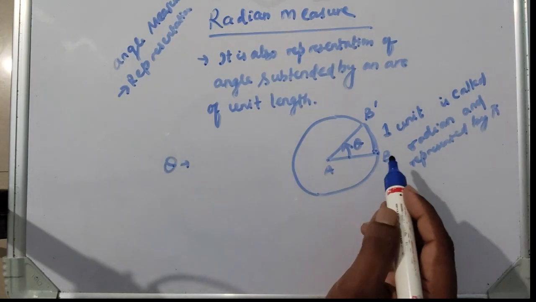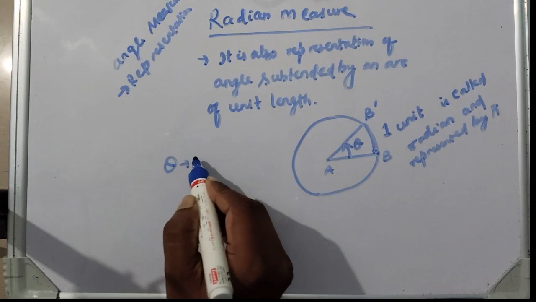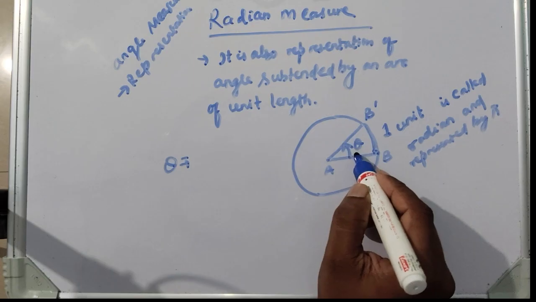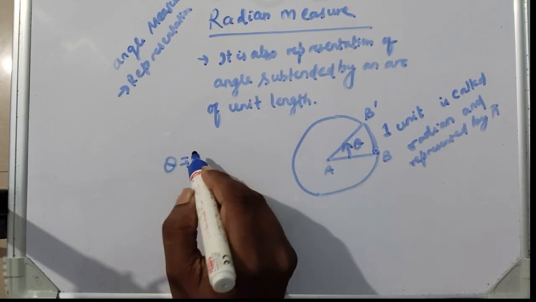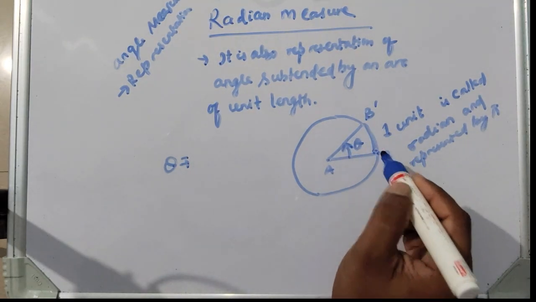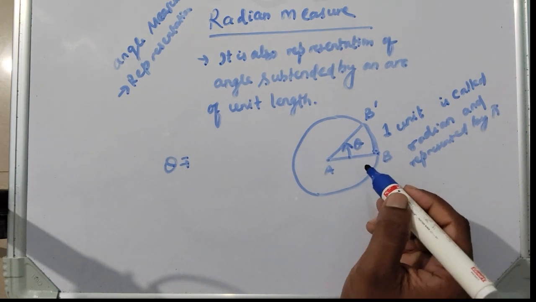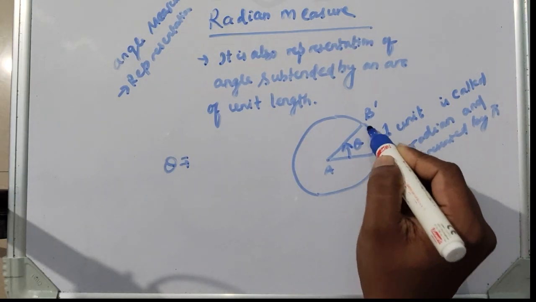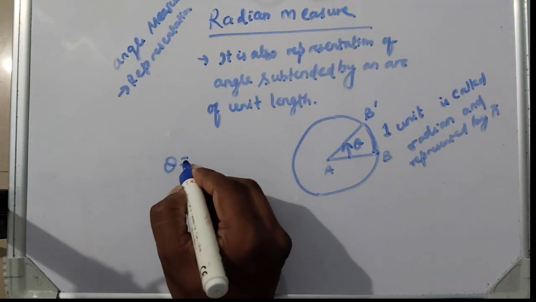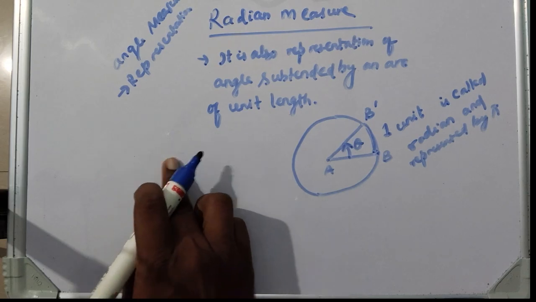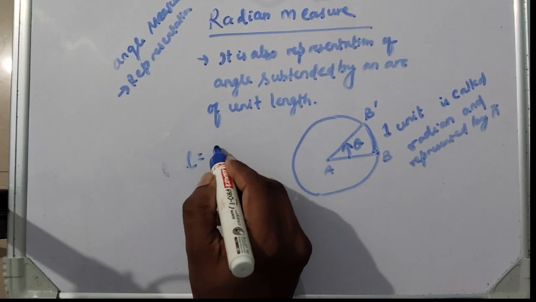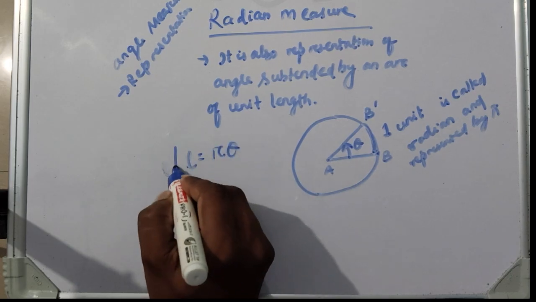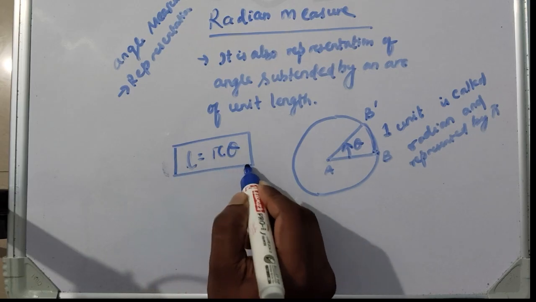For example, suppose the angle it makes is theta, and the unit length is 1. So there is a relation between theta and this unit length. Then how is it represented? L is equal to R theta. Okay, this is the representation.